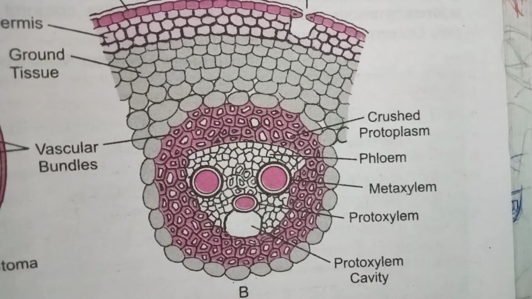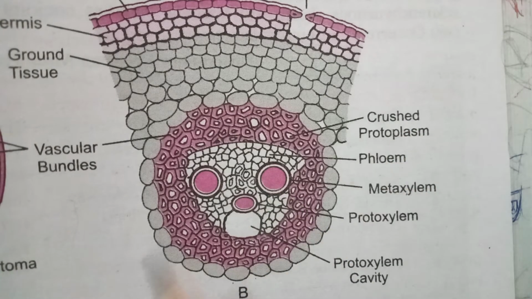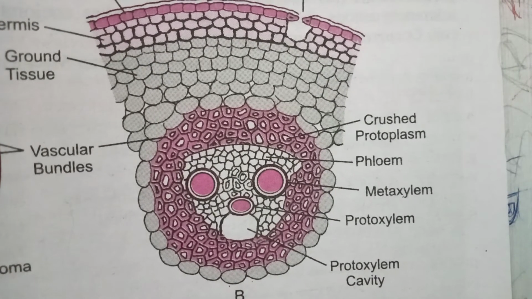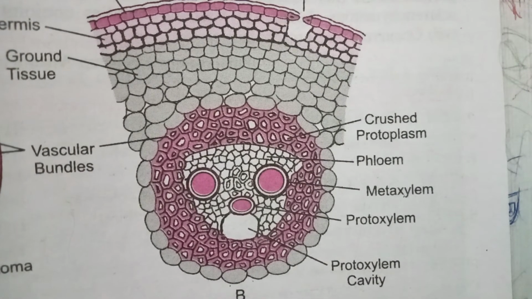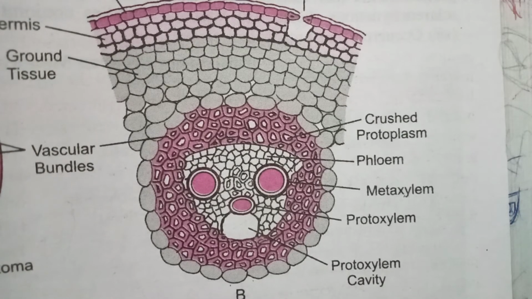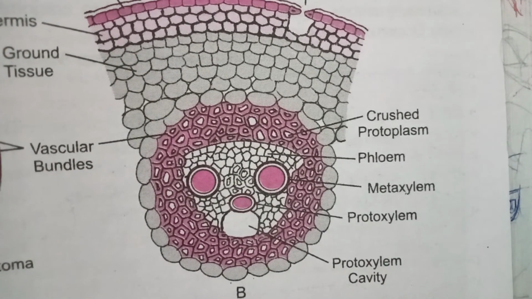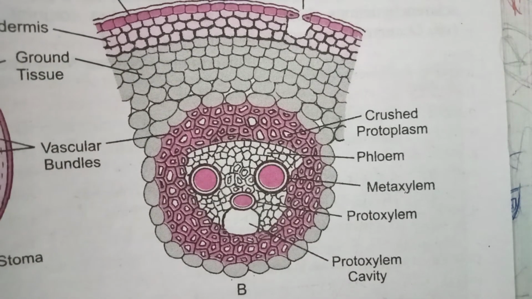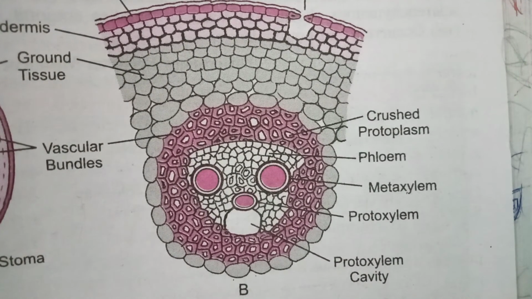That means the protoxylem is inside, metaxylem outside. So this is an endarch type of arrangement. In stems we get endarch xylem, and in roots we get exarch. So this is the comparative structure, or anatomical differences, between monocot and dicot.